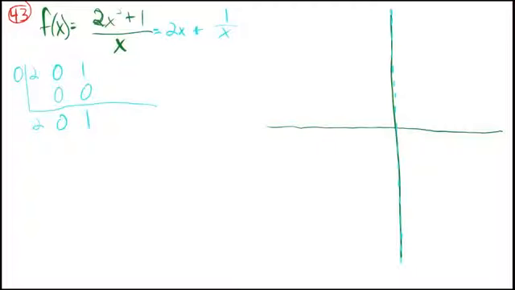That remainder is just its own little rational function, and the degree of the numerator is smaller than the degree of the denominator, so this thing just kind of goes away. And so all that's left is this guy right here.